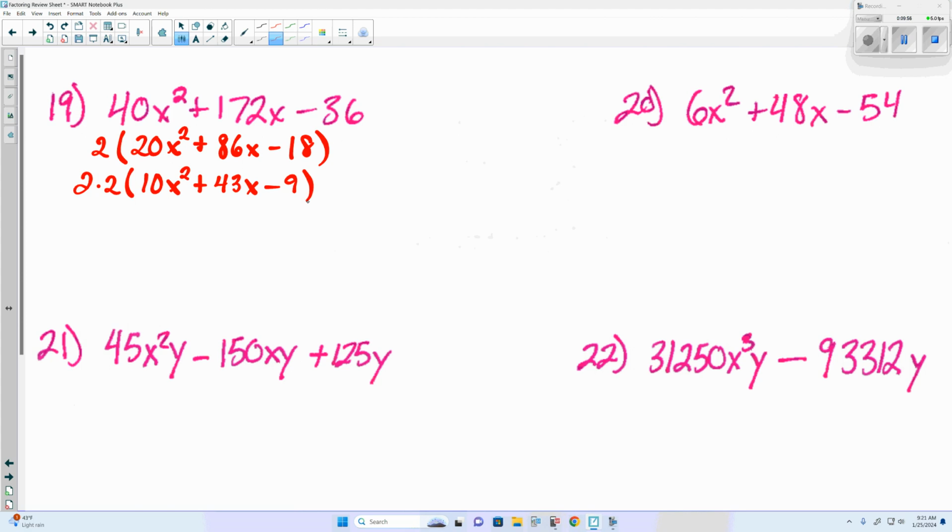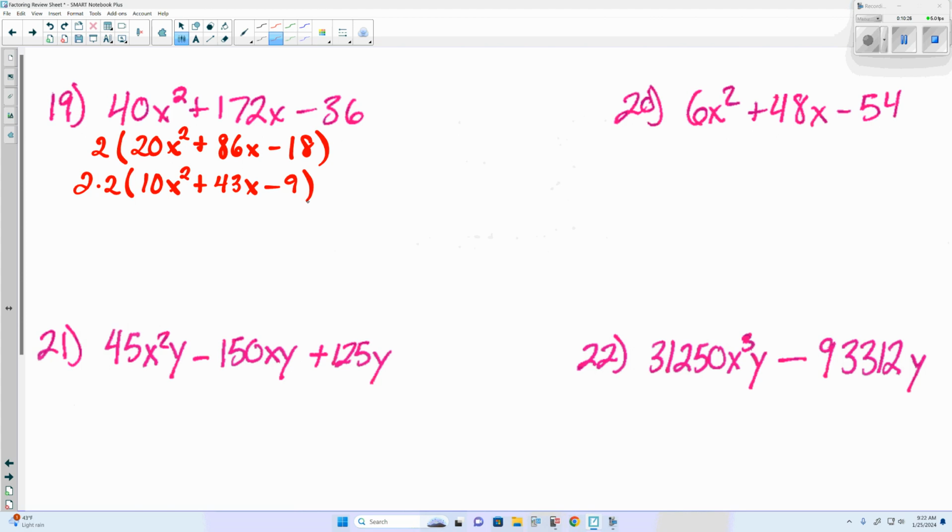And then we're done. There are different ways to get the greatest common factor. We've done a few of those. But if you do see one, factor it out and then go again. There's nothing that says we have to pull out the greatest common factor first. It makes it easier if we can, but it's not necessary, because we pulled out the common factor of 2 and then saw 20, 86, and 18 still has a common factor of 2.